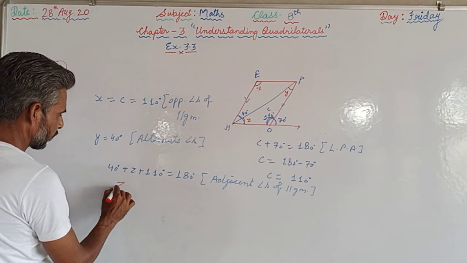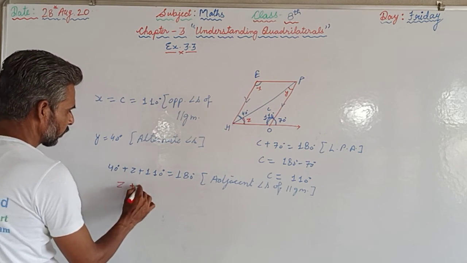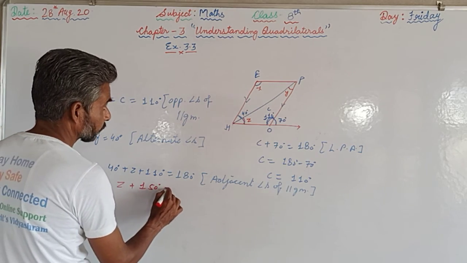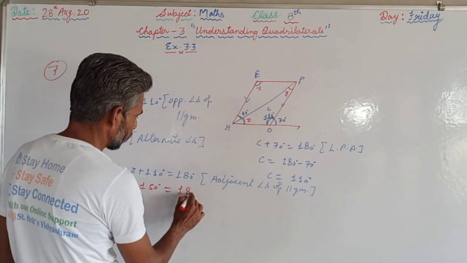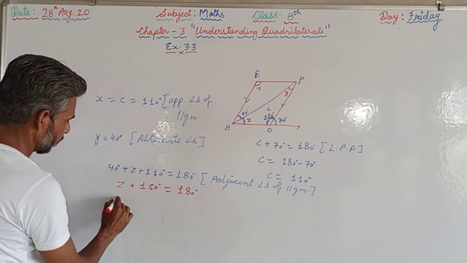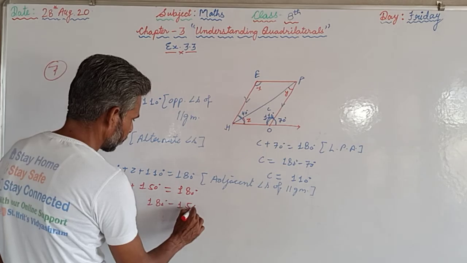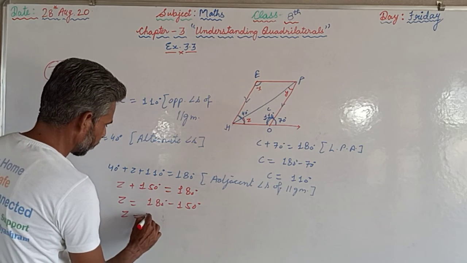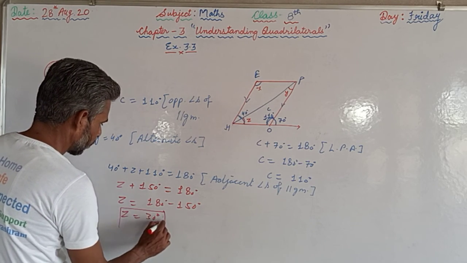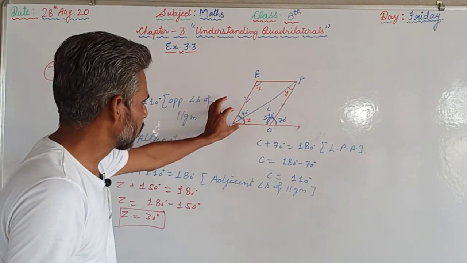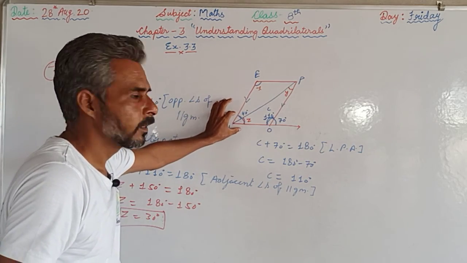So Z plus 110 plus 40, that is 150 degrees, is equal to 180 degrees, and Z will be equal to 180 degrees minus 150 degrees, so Z will be 30 degrees. So the whole angle will be 70 degrees.